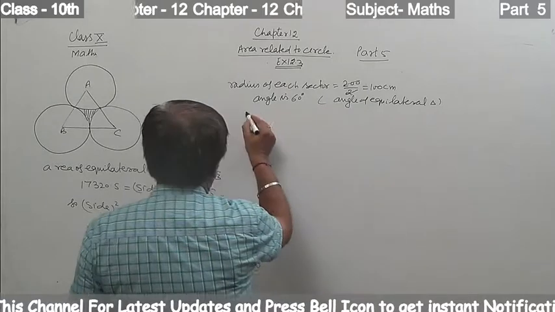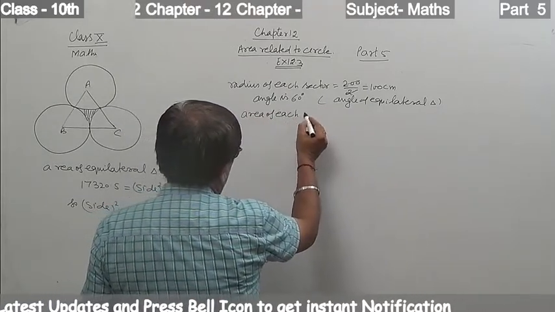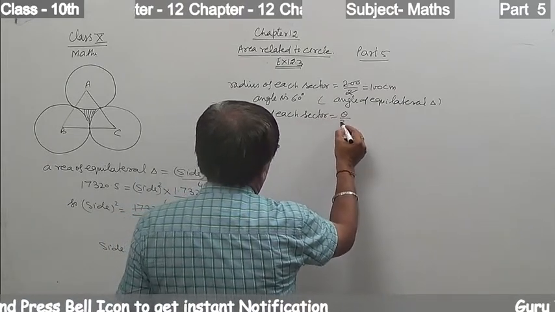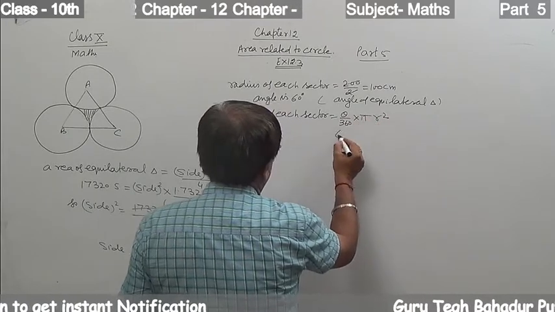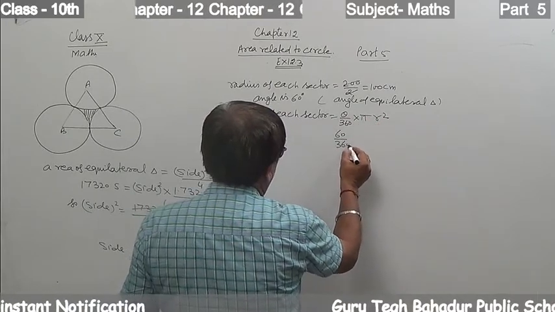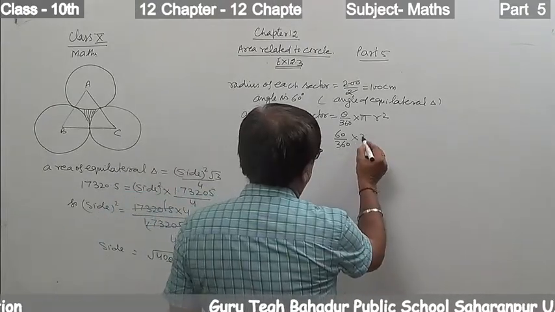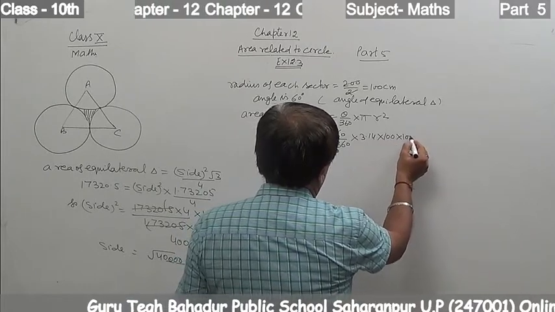So area of each sector is theta upon 360 into pi r square, 60 upon 360, value of pi is given to you 3.14 into 100 into 100.